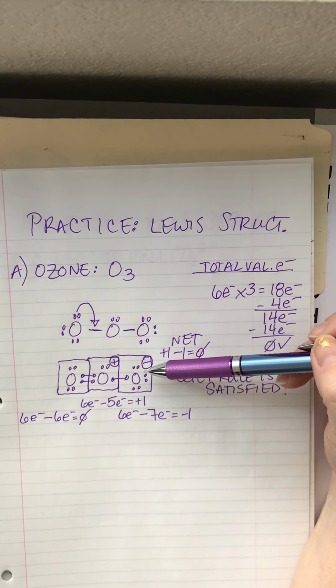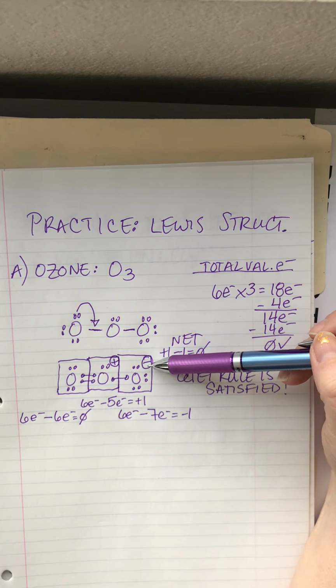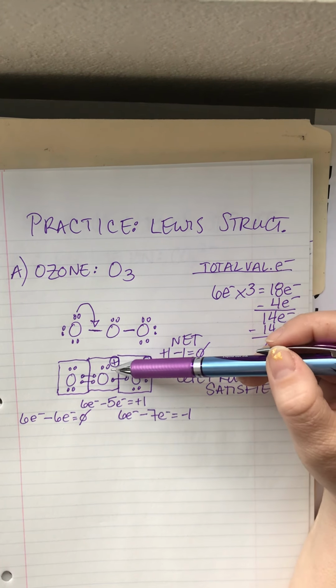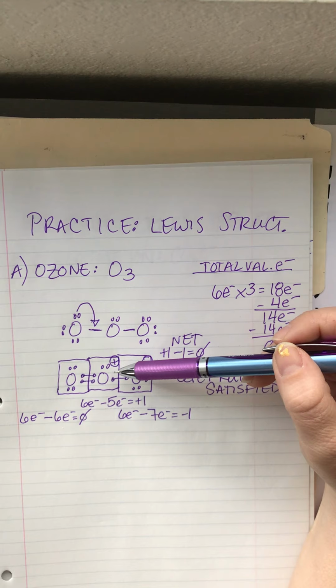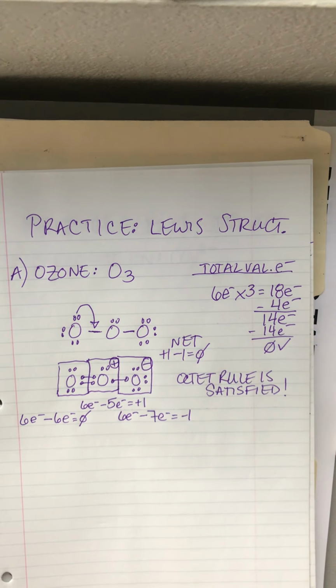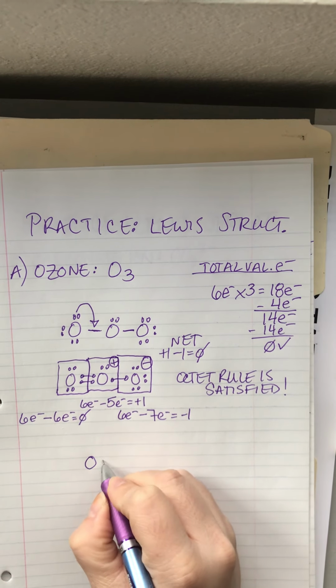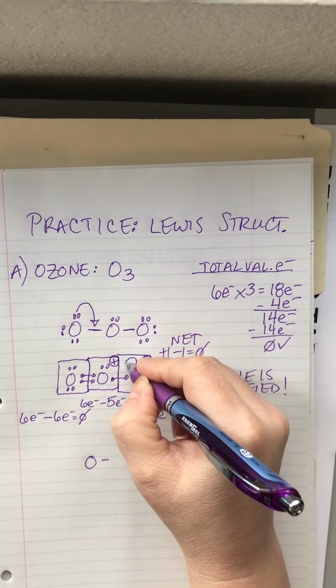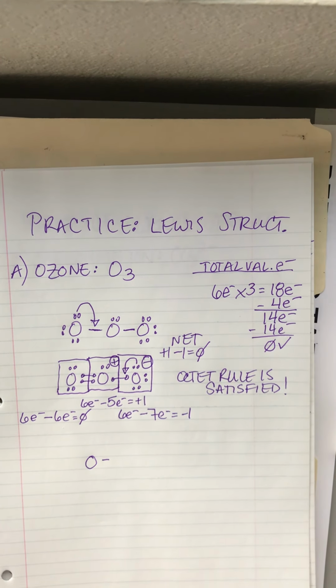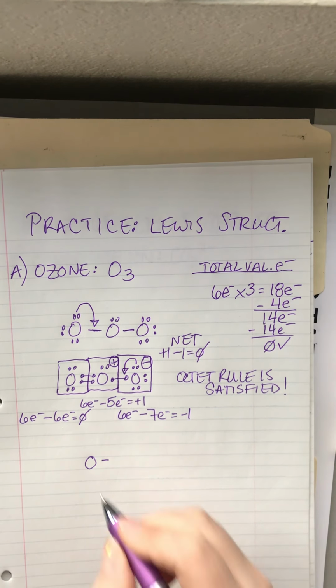Can we minimize the charges by making this negative charge equal out with this positive charge? The way we want to try that is by taking this pair of electrons and putting it into a double bond.